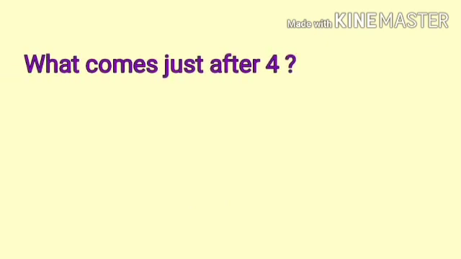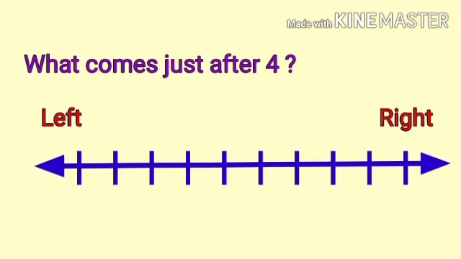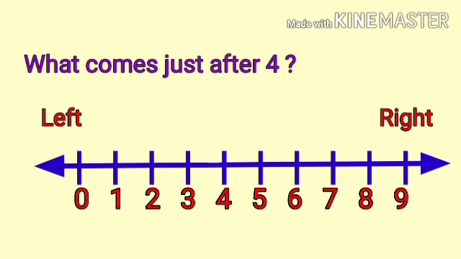Let us see the next question, that is what comes just after 4. So we should identify the number that comes just after 4 on the number line. Here also we should take a number line marked with 0 to 9 numbers.